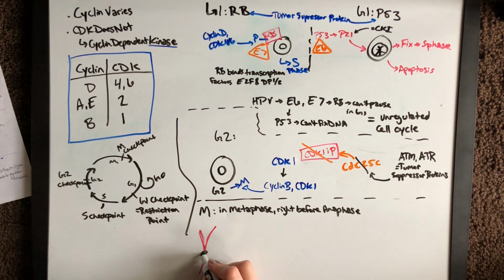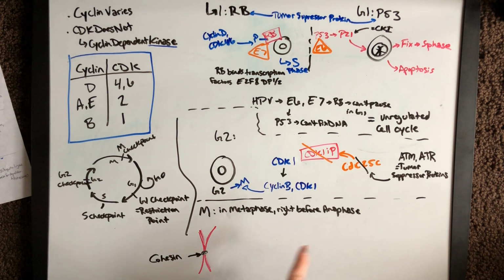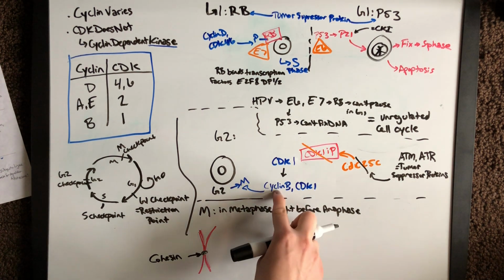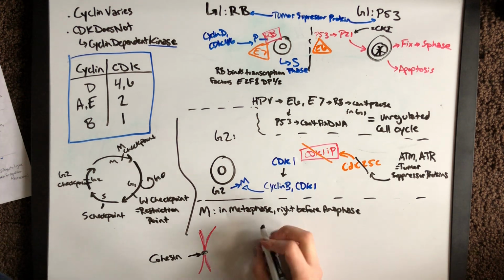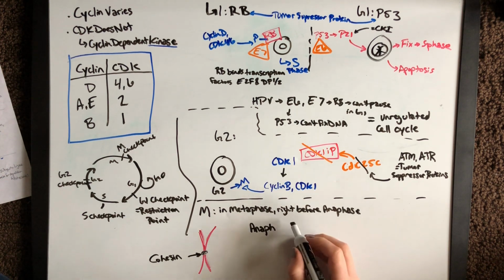And that centromere, what binds these cells and holds them together is a molecule called cohesin. So we've got cohesin here in the middle. So it's cohesive, right? It's holding our chromosome together. And then we're also going to talk about our cyclin B that was in this G2 phase. So what we have going on in this checkpoint is anaphase promoting complex. So it's going to promote going into anaphase.